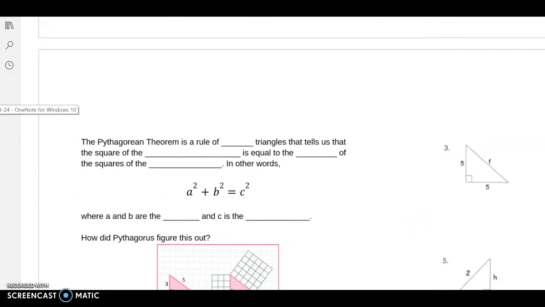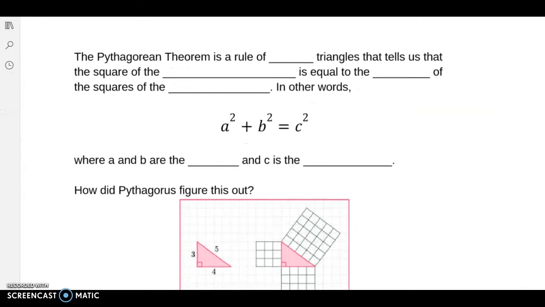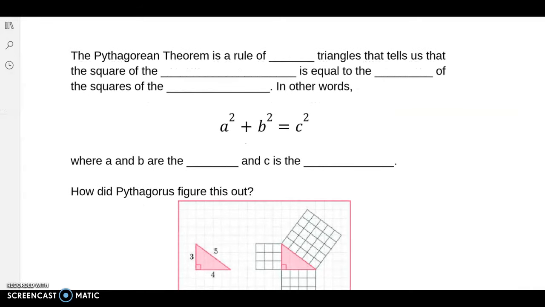Okay. So open up your notes. The Pythagorean theorem is a rule of right triangles that tells us that the square of the hypotenuse is equal to the sum of the square of the legs.